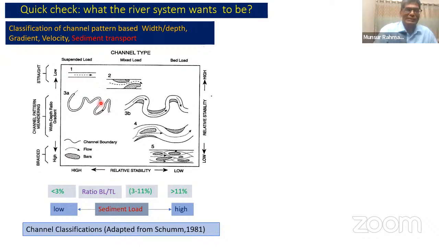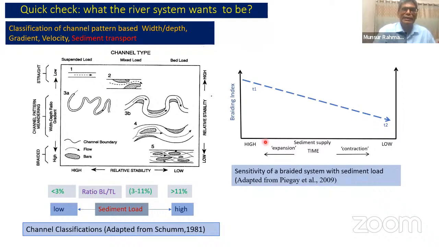So I think it's very important to consider these issues in such a mega plan. Even in a braided system, if the sediment load is changing, for example decreasing, which is the case in many of these deltas, then the braided system will experience a different set of parameters, and the management of the braided river will be different.